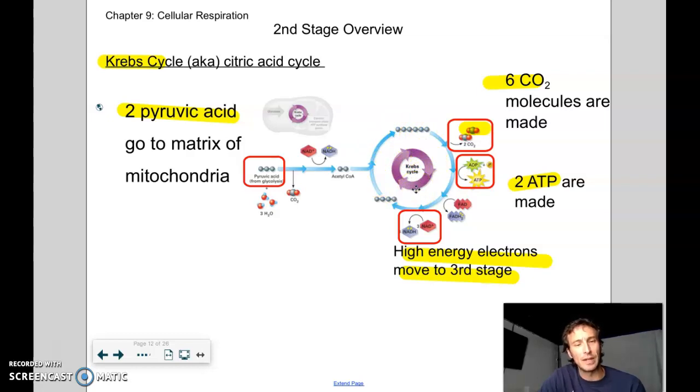It's a slower process because there's a lot of things going on, but it's more efficient. You start to gain a little more ATP, but most importantly, you get a bunch of high energy electrons. Those are important because they drive the final process of cellular respiration.